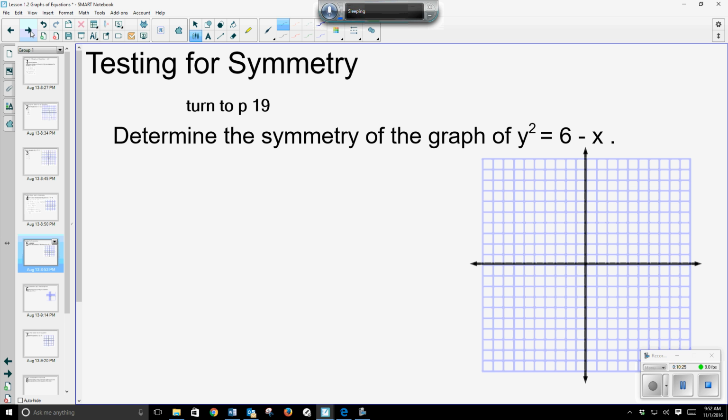If you put in negative y for y and get the same answer when you simplify the equation, then it's symmetric about the x-axis. To test for being symmetric about the origin, it says, if you replace x with negative x and y with negative y, then they're equivalent. So if both of them work.